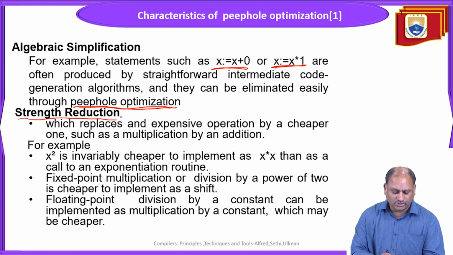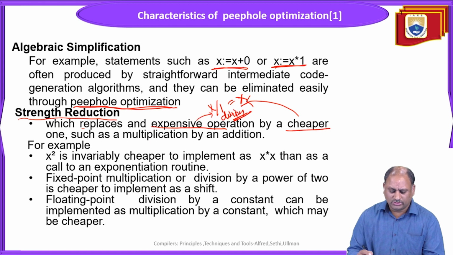Strength reduction we have also seen: replace the expensive operation by a cheaper operation. That means here the expensive operation is division, x by 1, which gives x. Here we apply a cheaper one, that means no operation in this case. Also, multiplication is replaced with addition.